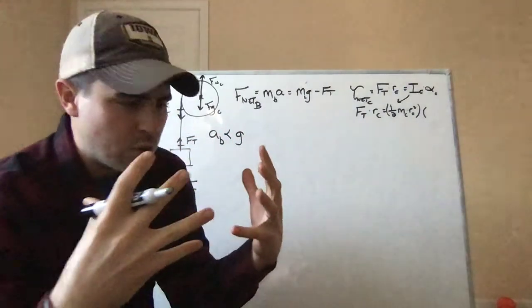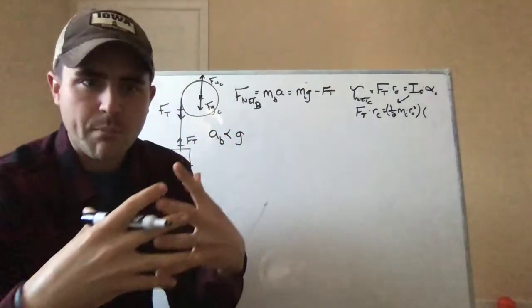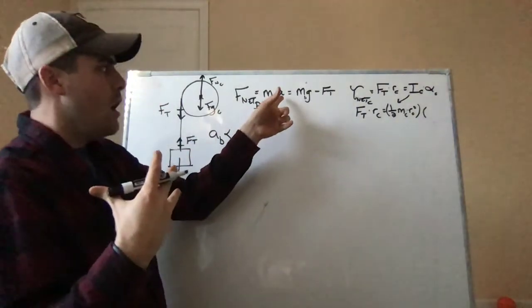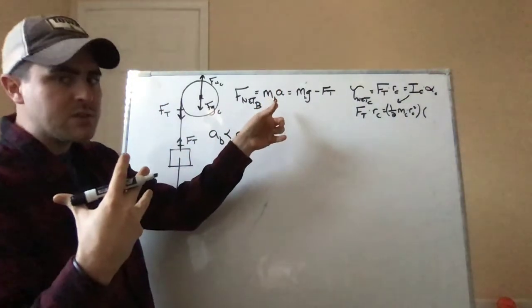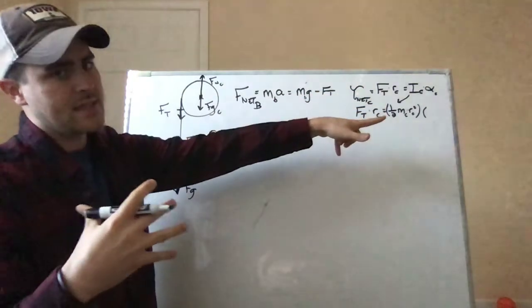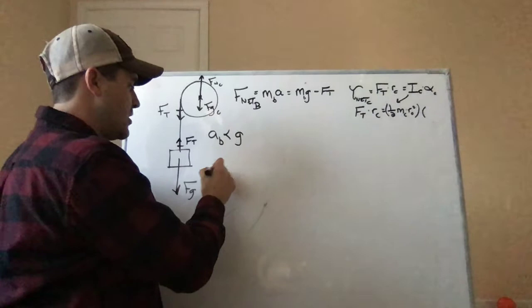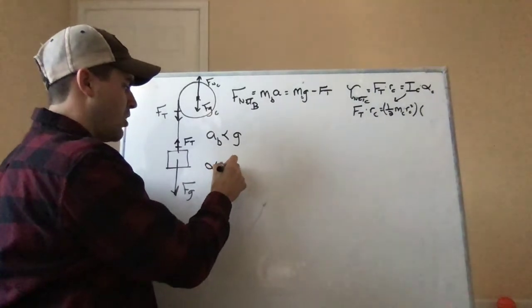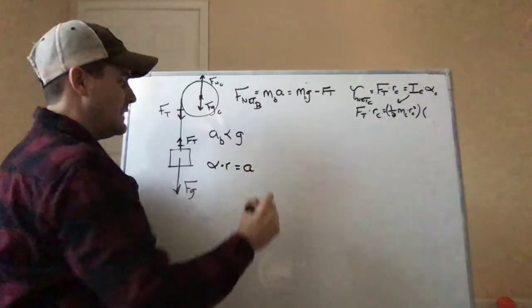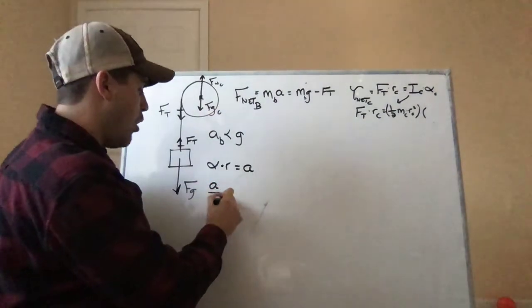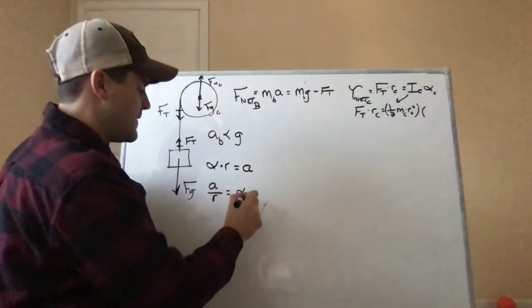We would say their motions are bridgeable. They're related, which means I can use a bridge equation. The acceleration of the bucket is very closely related to the angular acceleration of my pulley. Remember, the angular acceleration times r gives us linear acceleration. Or, in our case, acceleration over r is equal to alpha.